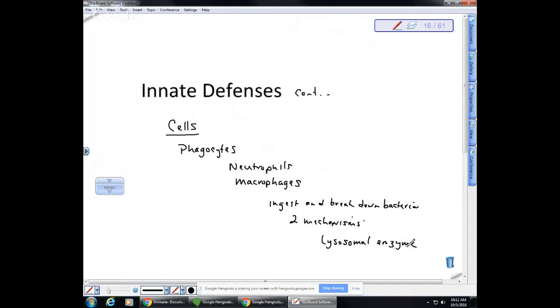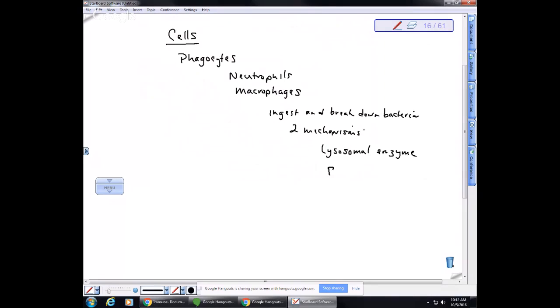We also have another mechanism, which is called a respiratory burst. It's kind of interesting because some bacteria are resistant to the lysosomal enzymes, and there are like 40 different enzymes. Respiratory bursts use oxygen, and it is hydrogen peroxide.